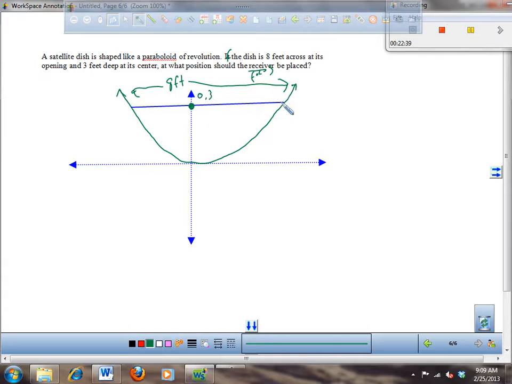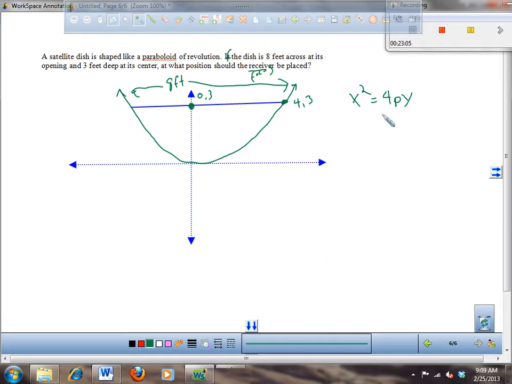So what you have to do is, since this is 8 feet across, what would the coordinates of this point be right here? And this is right in the middle. What would it be? (4, 3). Okay. Now this is pretty easy because this is x squared equals 4py. There's no shifting of the origin or anything like that. Okay.